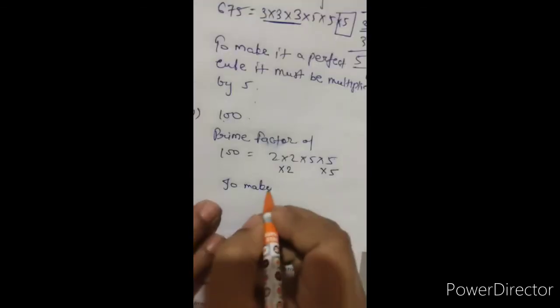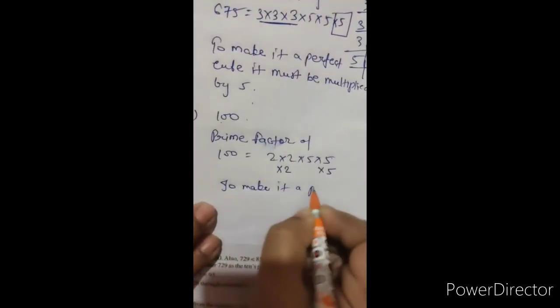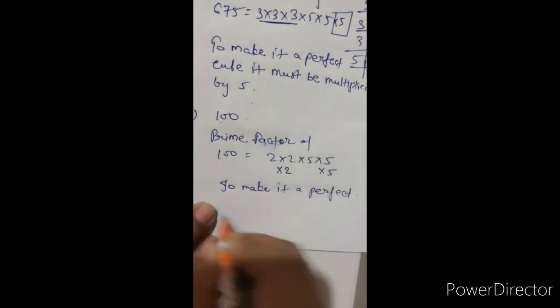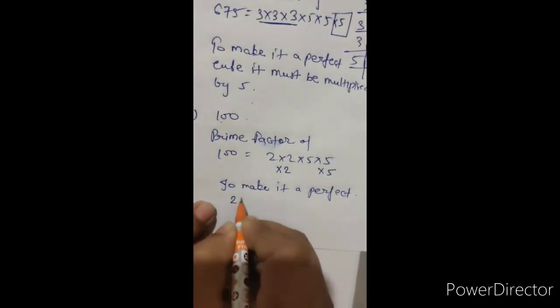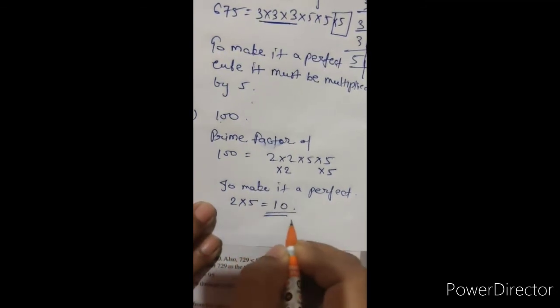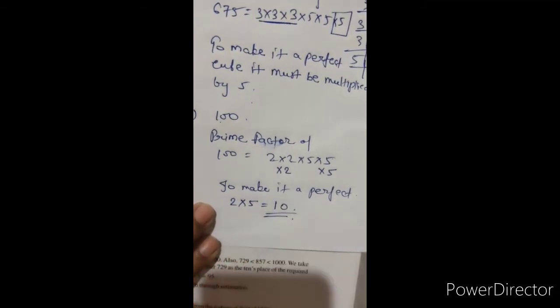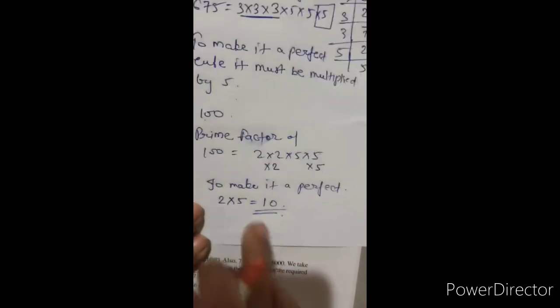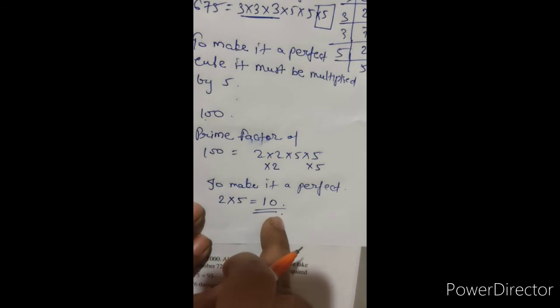So to make it a perfect cube, it must be multiplied by 2 into 5, that is 10. Therefore we can say that 10 is the smallest number by which it must be multiplied to make a perfect cube. I hope you understand.